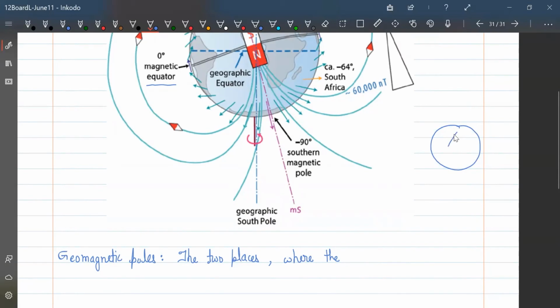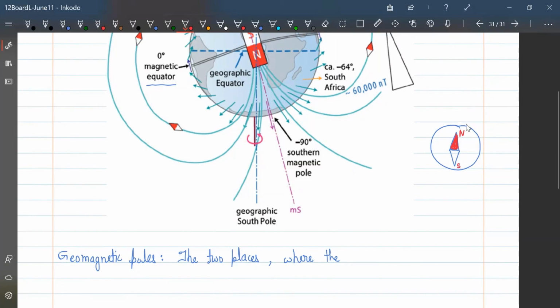There is a magnetic material kept on a pin, and one side is coated or painted red. The painted red part shows the north, and the side which is not painted, or painted blue, shows the south.